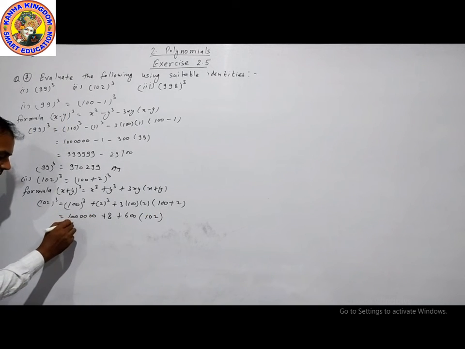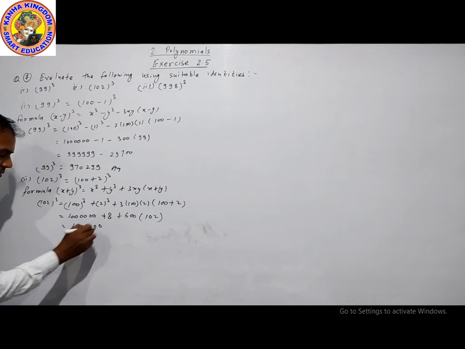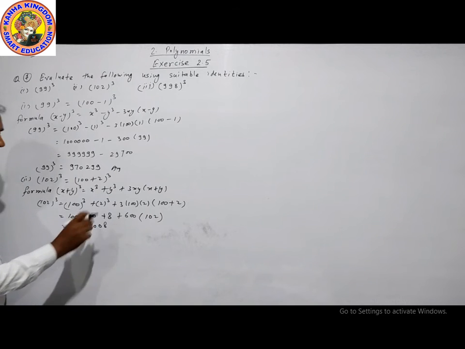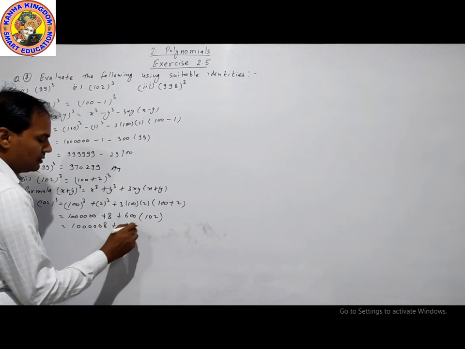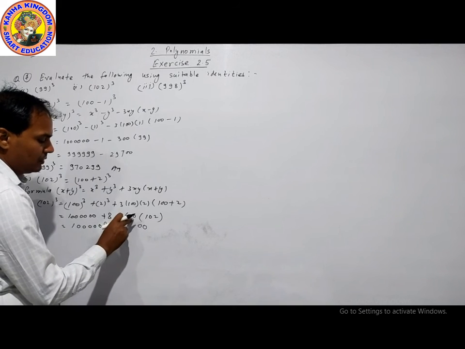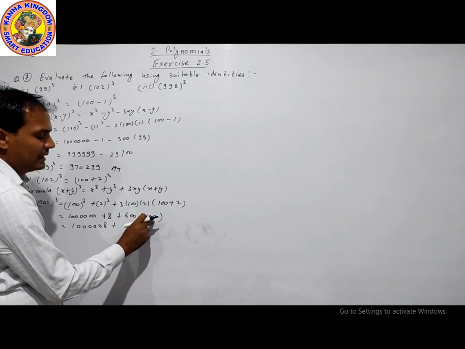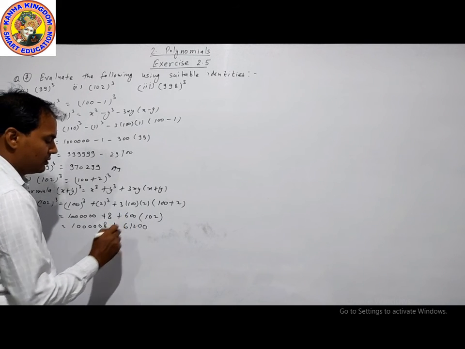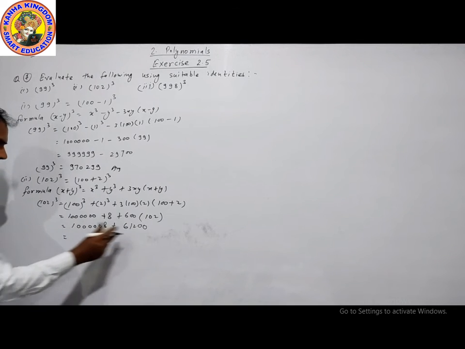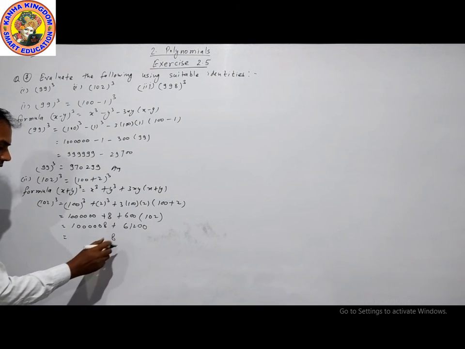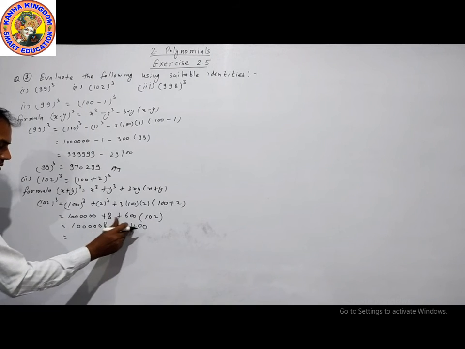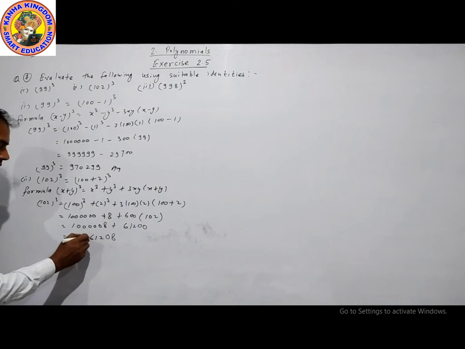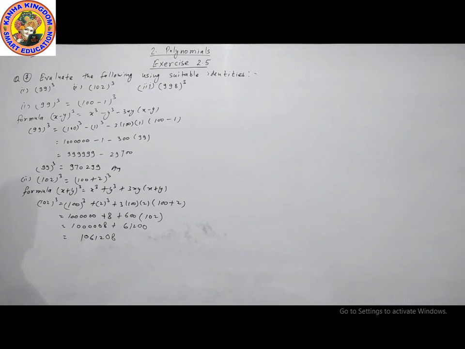Now adding these: 1000000 plus 8, and 6 multiplied by 102, 6 into 2 is 12, then 6. Now adding these. This is our answer.